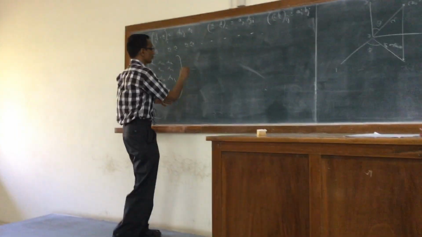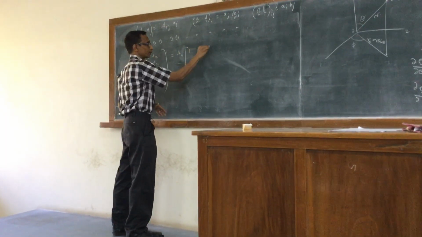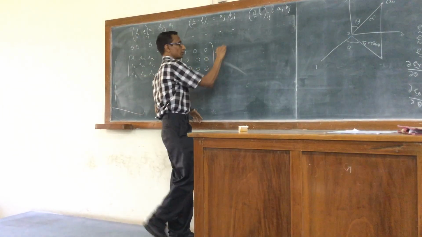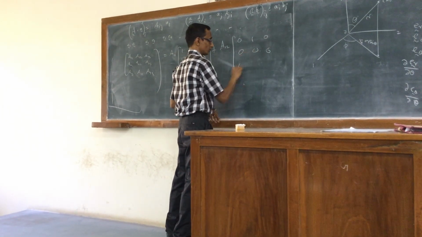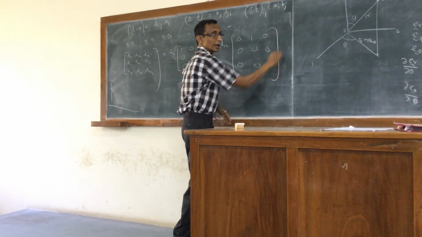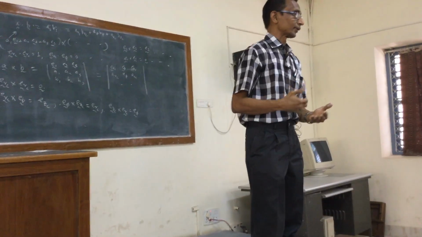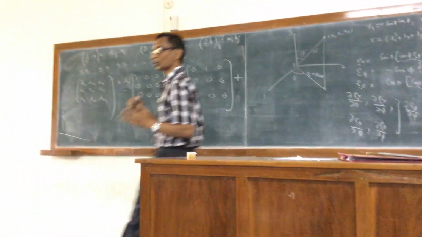Clearly, all of you will understand if I write it as A11 times the matrix 1 0 0 0 0 0, plus A12 times 0 1 0, plus so on. You have to write 9 terms. So each of the terms in the 3 by 3 matrix I can write as the product of that coefficient times a unit tensor.